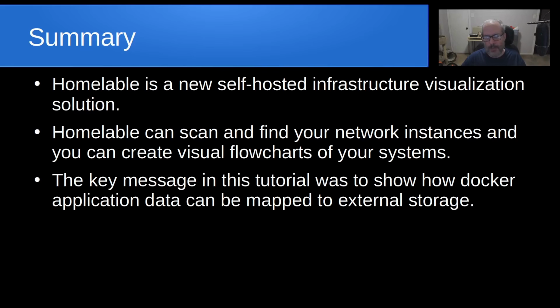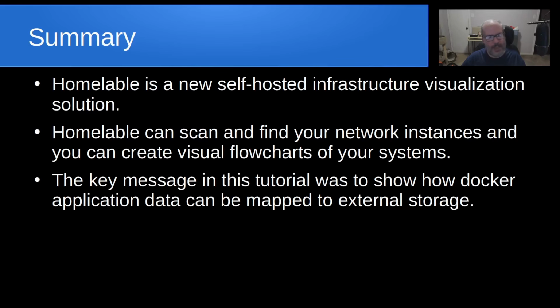So the key message in this tutorial was really to show how Docker application data can be mapped to external storage. We probably could have used just about any Docker application to do that, and HomeLabable was a fairly simple one because it really only had one Docker persistent storage volume, and so that allowed us to look at this a little bit more simply.